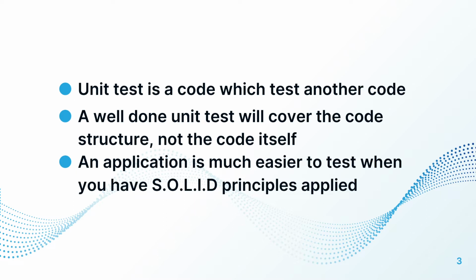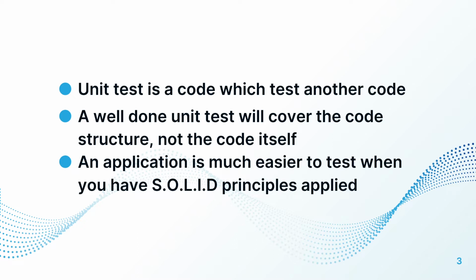So in this case, for unit tests, it's very important to have the single responsibility principle applied because you have small pieces of code that can be tested. If you have small pieces of code, it's much easier to test. It's also very important to have the interface segregation principle applied, because to do your mock, you need the interface to create the mock applied to your interface.